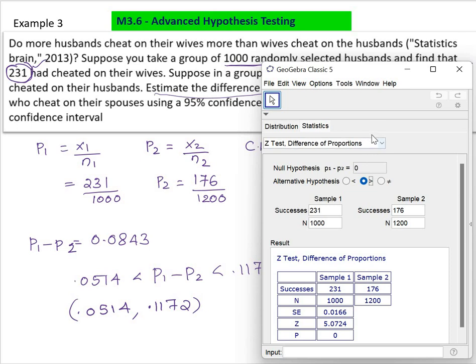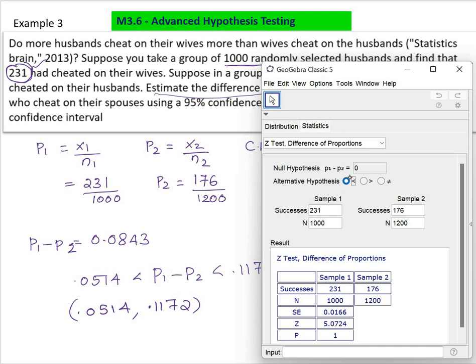And in the question it is given that do more husbands cheat on the wives more than wives cheat. So the more than means it is a right tail test. So P1 minus P2 will be greater than 0. So that is the alternative hypothesis. And usually we take P1 minus P2 equal to 0. Yeah, that is a null hypothesis.